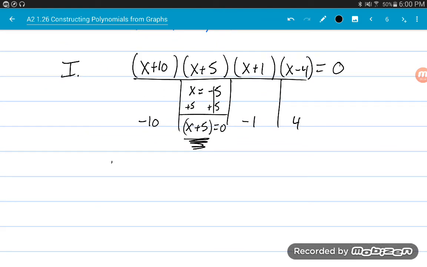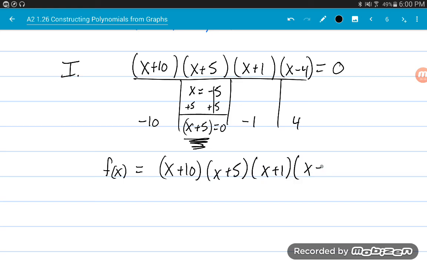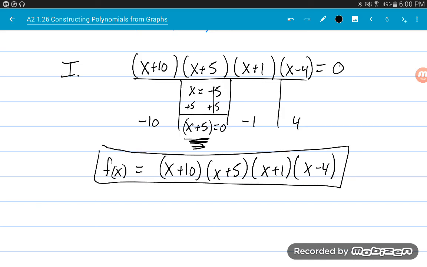So the function can be written as f of x or y equals x plus 10, x plus 5, x plus 1, and x minus 4. This is factored form, but this handout doesn't specify you have to use standard, so this is fine.